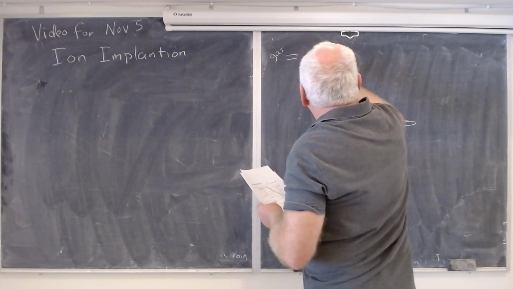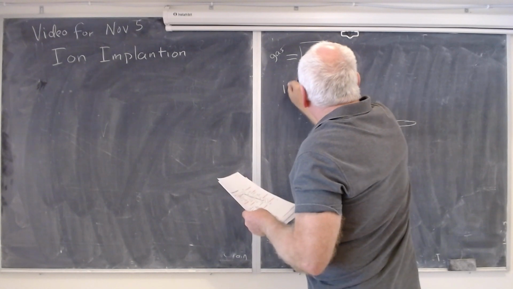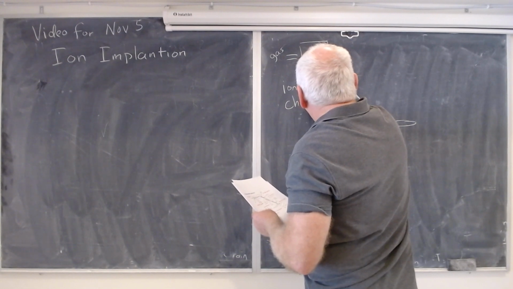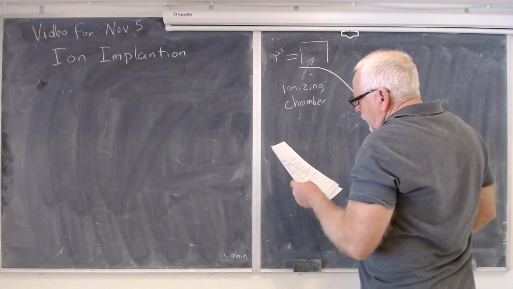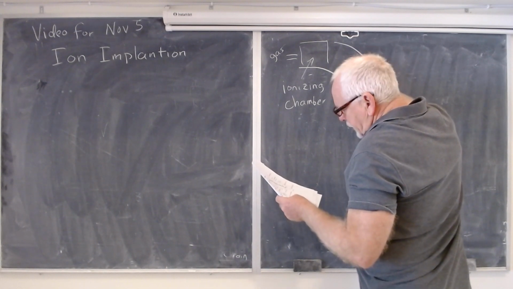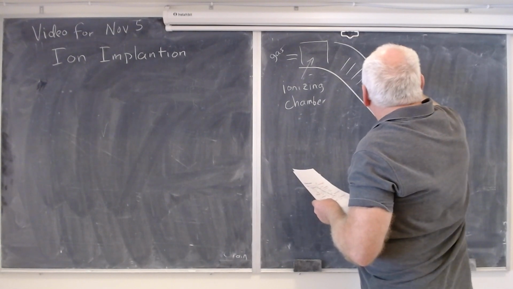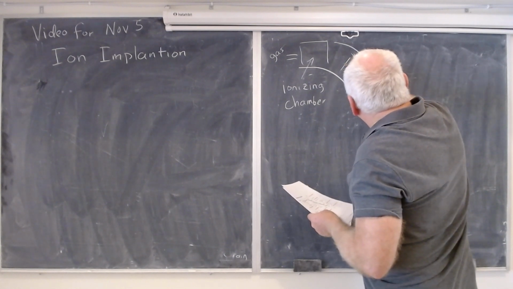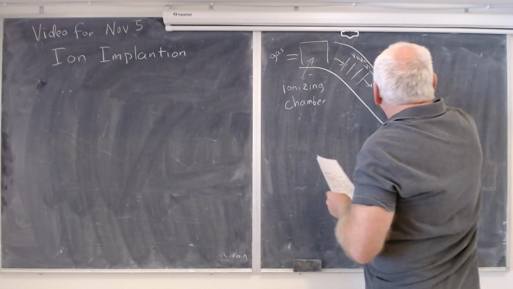You have an ionizing chamber that ionizes your input gas. Then you have an accelerator, which is a series of plates, V1, V2, V3, V4, with a hole in the middle, so that those ions are accelerated and form an ion beam.